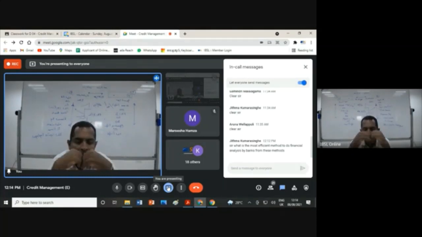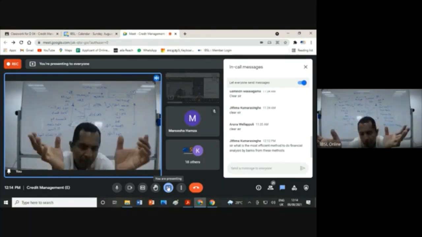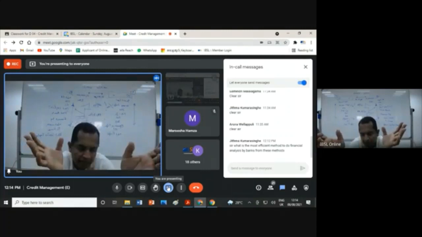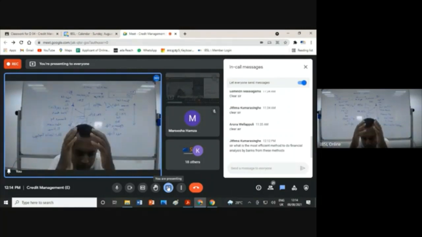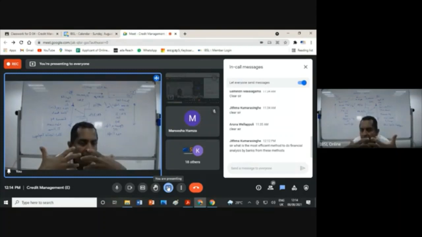Vertical and horizontal are methods we use while doing the ratio analysis. If you are comparing two periods, then it is a horizontal analysis. If you are talking only about a single period, it is a vertical analysis, right? So basically our aim is to use the ratio analysis. Did I answer your question?